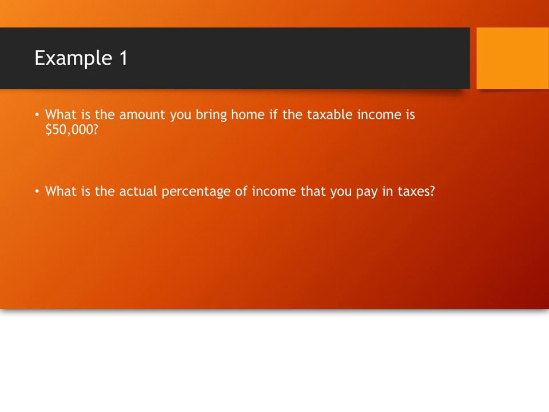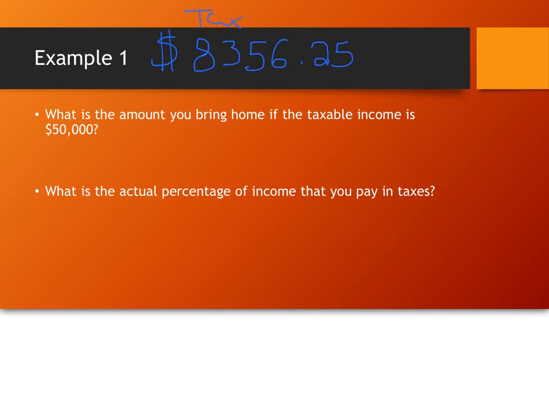Now, what we are going to do is we're going to say, okay, we figured out that the tax that we have, in this example, gave us that we needed to pay $8,356.25. That was how much tax we paid.